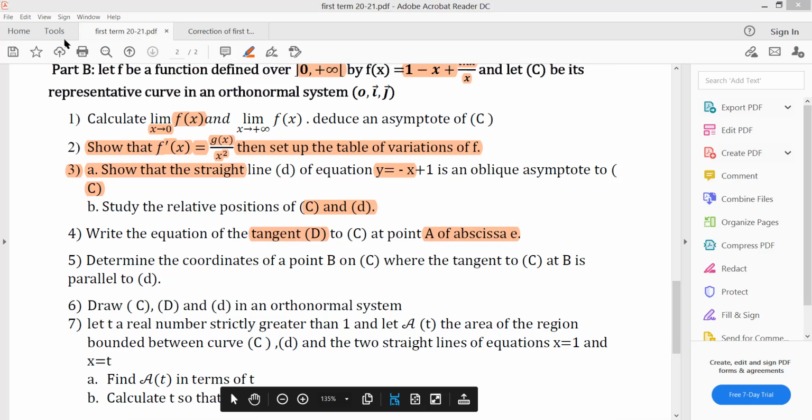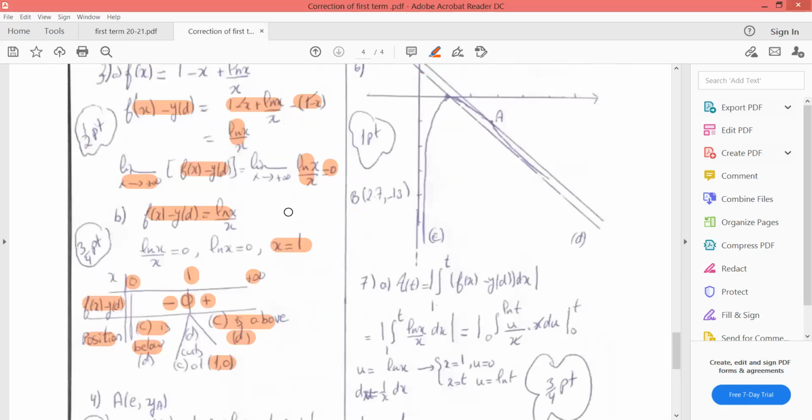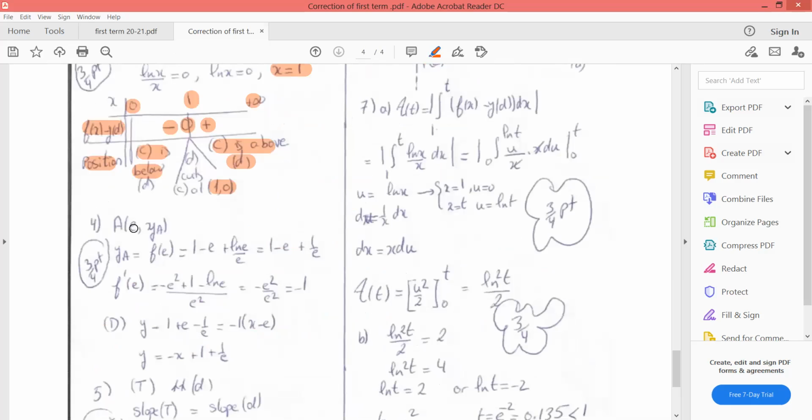So y_A equals f of e, which is 1 minus e plus ln e over e. ln e is 1. We get 1 over e. So this is f of e. We leave it like that in the exact value, we don't change it to decimal.